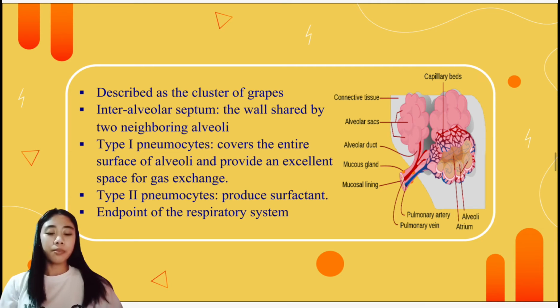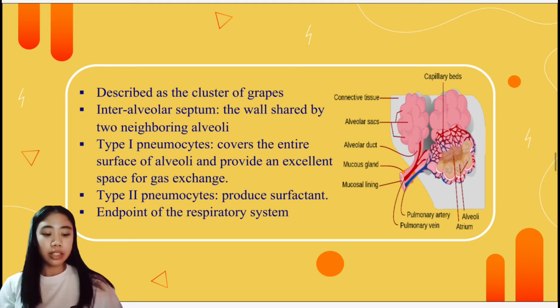The wall shared by two neighboring alveoli is called the interalveolar septum. It consists of a single layer of alveolar epithelial cells, capillary endothelial cells, and a variety of interstitial tissue in between. There are two distinct types of alveolar epithelial cells, namely type 1 and type 2 pneumocytes.